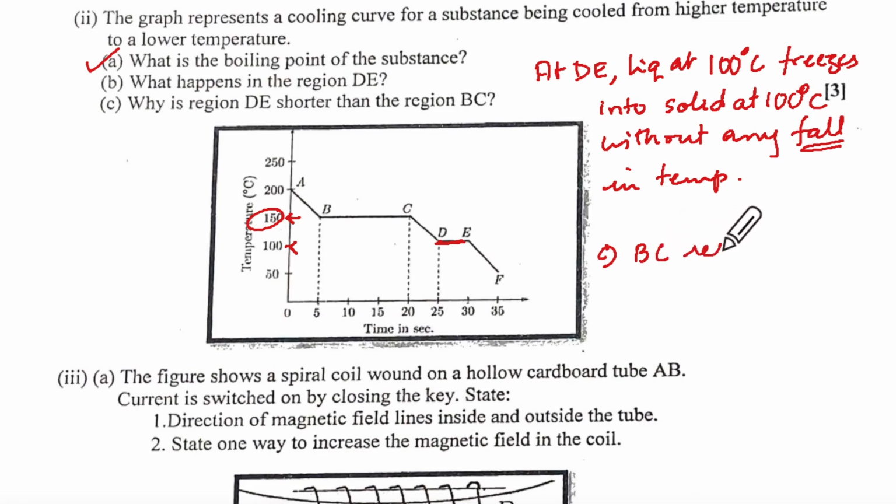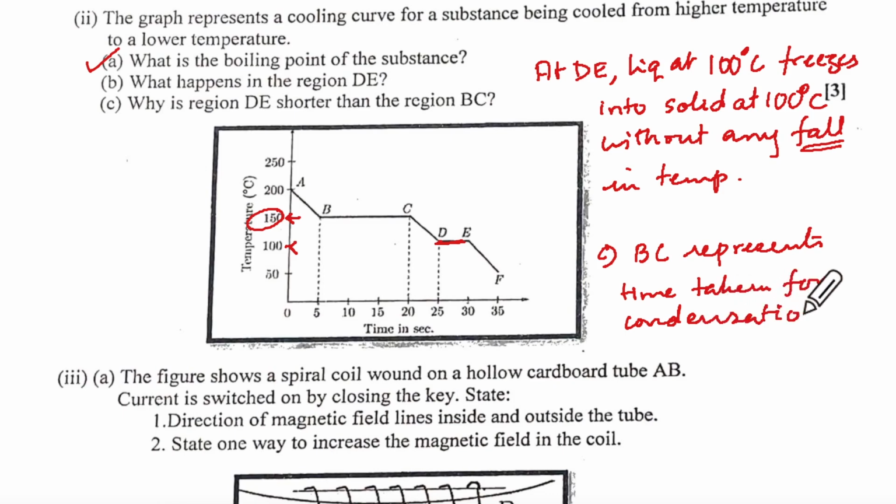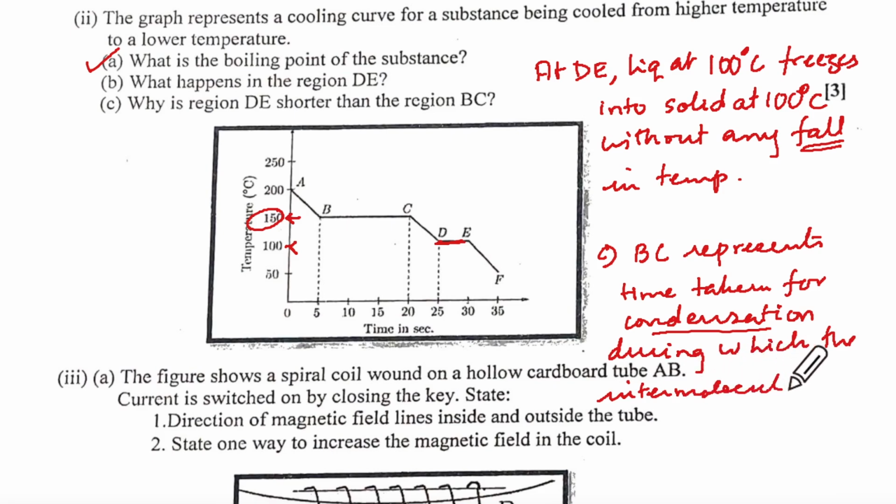BC represents time taken for condensation, during which the intermolecular bonds are formed.